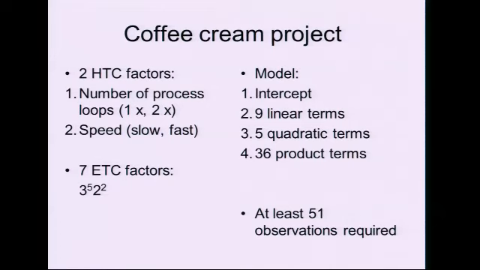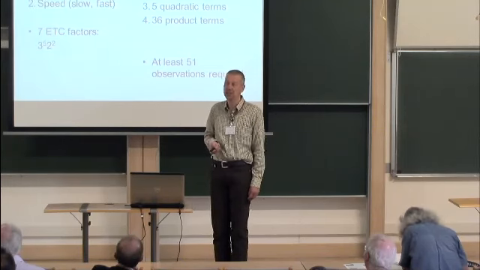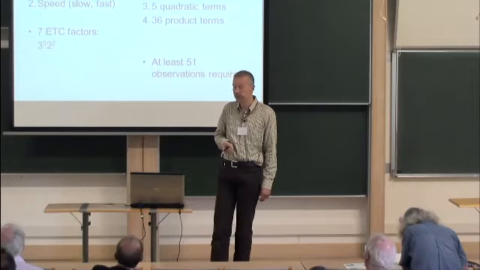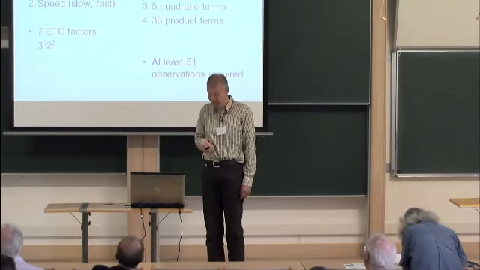Full interactions take more degrees of freedom, but for a response surface, we think that just the product terms will be enough. So if you add all those numbers, you arrive at the number of 51, and at least 51 observations are needed to make this model. And it makes sense to obtain observations in excess of these 51 observations, of course.